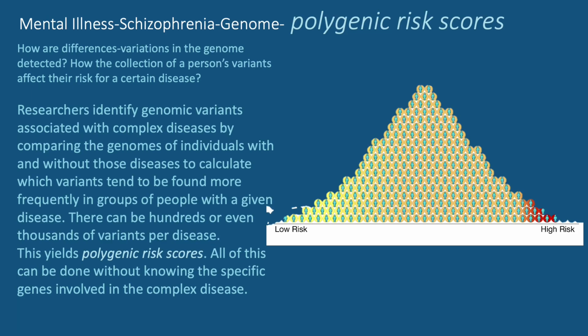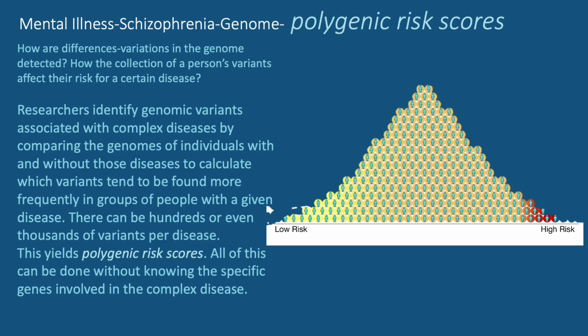We have just seen together that the genomic variants that are associated with schizophrenia are distributed across the genome. So, how does the collection of a person's variants affect the risk for schizophrenia or for other diseases?